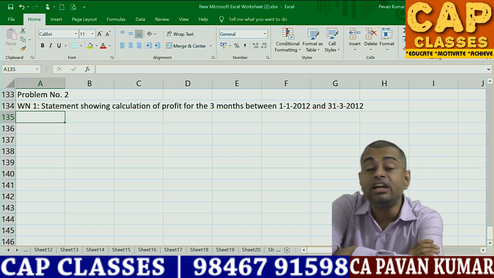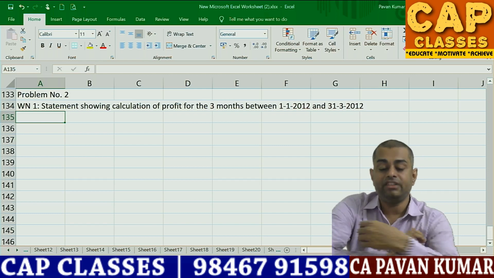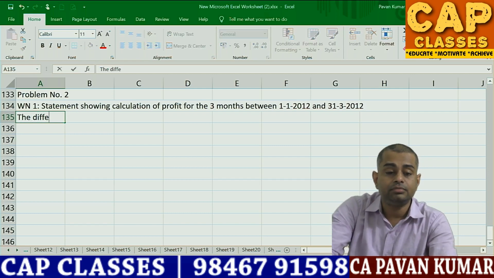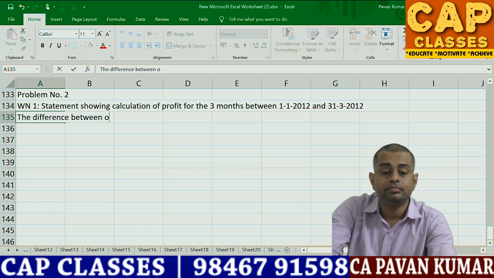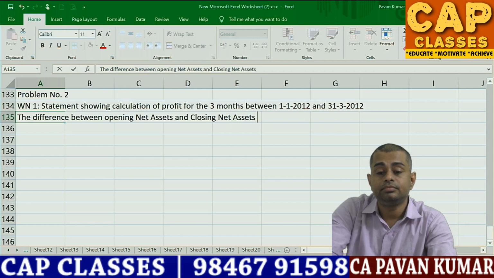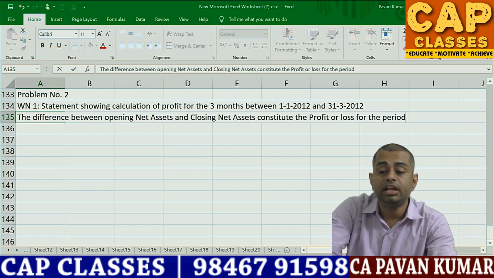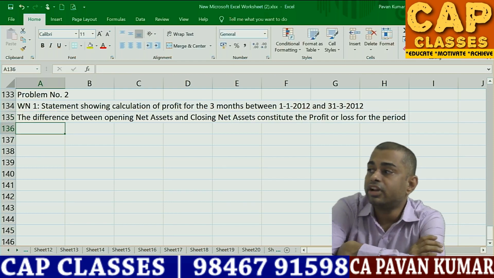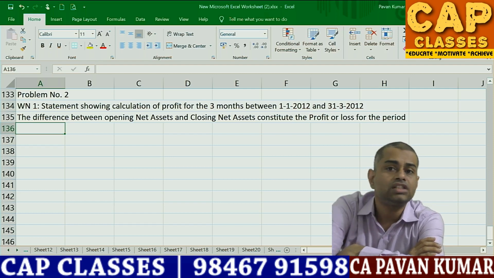The difference between opening net assets and closing net assets constitutes the profit or loss for the period.